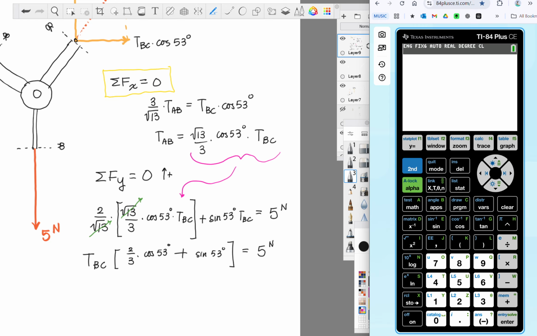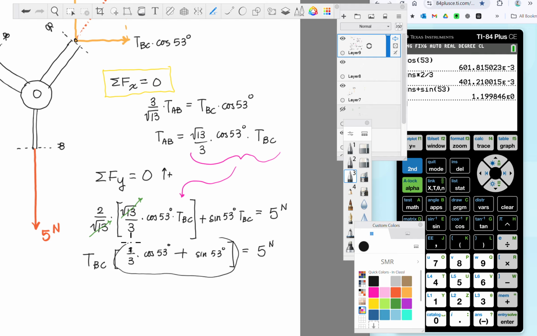And I'll go ahead and run this through my calculator now. I'm going to start with my most complex terms. So I'm going to take the cosine of 53 and then times 2 divided by 3. Add to it the sine of 53. And that 1.199 is all this stuff in parentheses here. What I want to do is put it in the denominator of the other side.